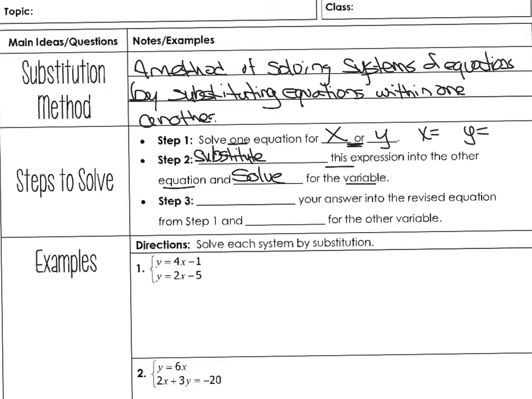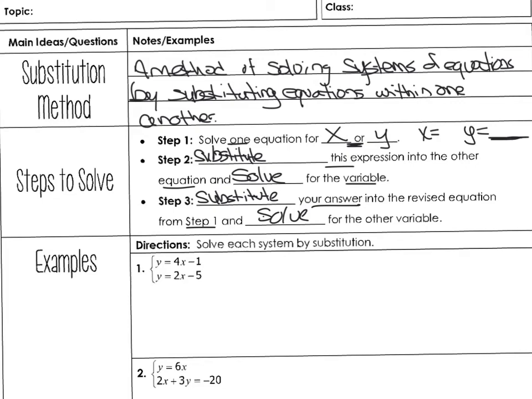Okay? So you're going to get one equation, at least one equation is going to be either x equals or y equals, and then whatever it equals, you're going to plug that in for that variable in the other equation. All right, and then step 3 is to substitute your answer into the revised equation from step 1 and solve for the other variable.